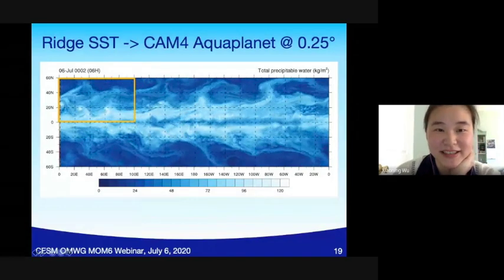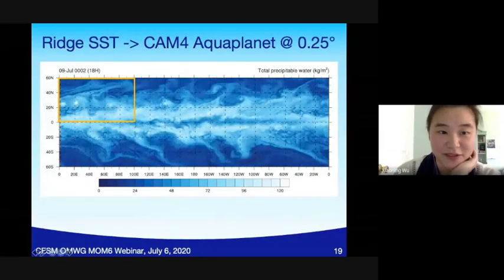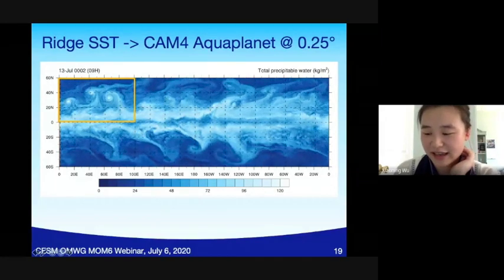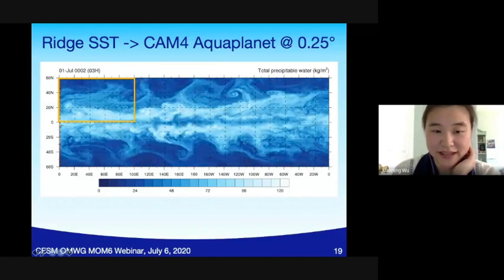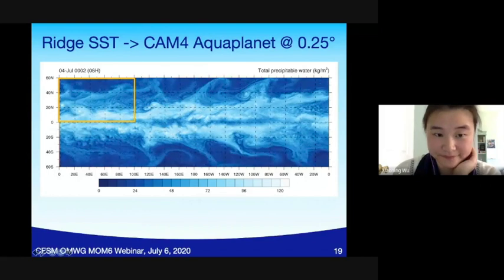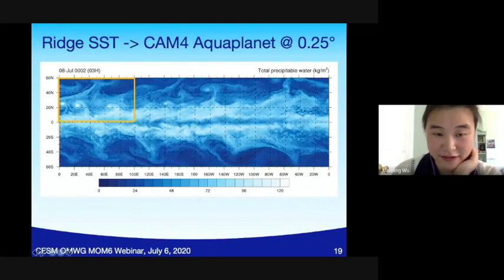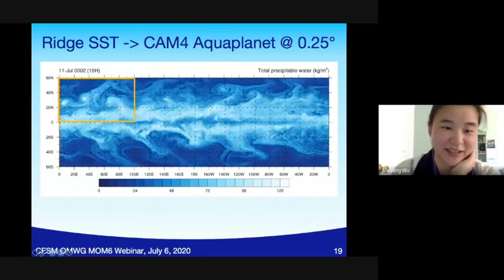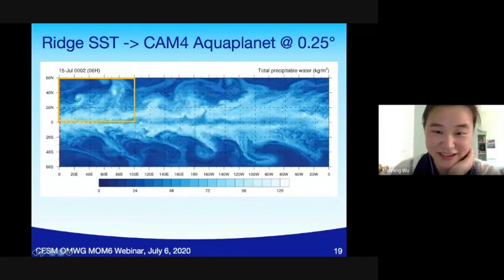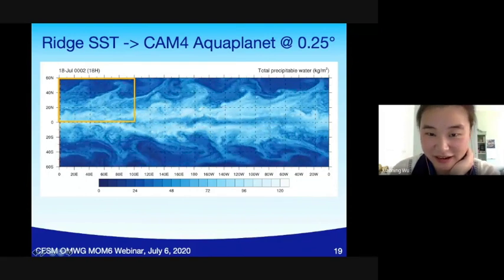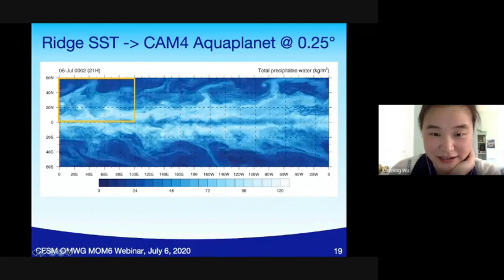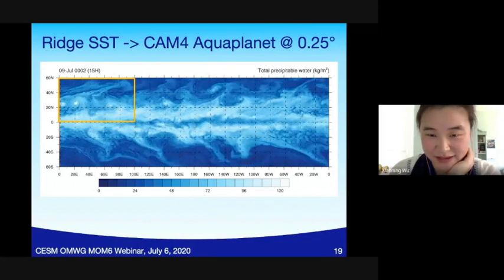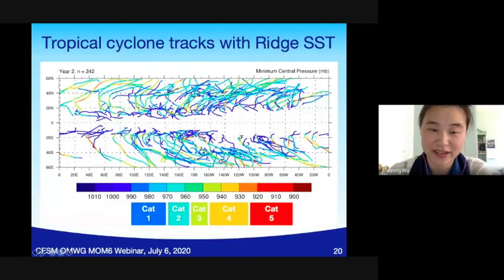This is using the sea surface temperature from the Ridge experiment to force a high resolution, meaning quarter degree, CAM4 atmosphere-only run, where we see that from the western warm pool in the summer season, we see the emergence of tropical cyclones, in this case 3 of them, which is not too far from what we observe in the Pacific. And in the tracks from 1 year, we see the kind of asymmetry between the western side and the eastern side in tropical cyclone genesis.